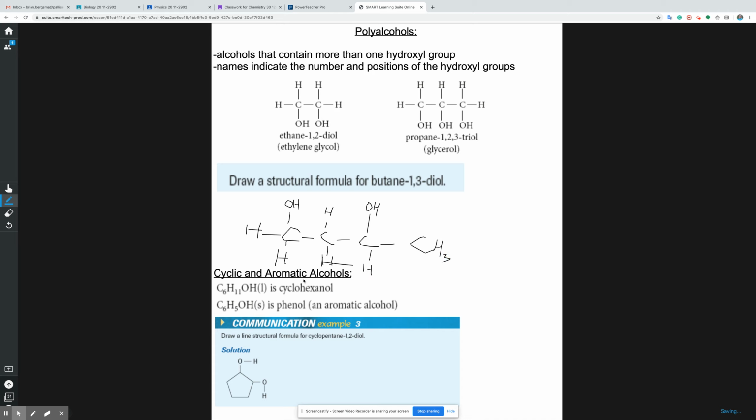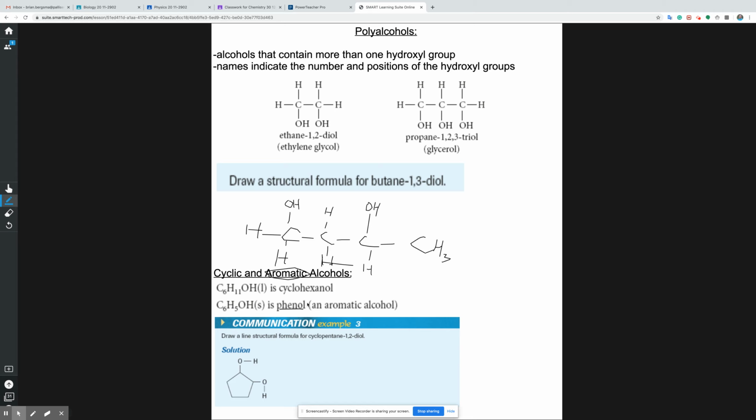Okay. For cyclic and aromatic alcohols, aromatic again has benzene. We draw our cyclic molecules. In this one, C6H11OH is cyclohexanol, because cyclohexane would be C6H12, but then we take out an H and add this OH. Phenol is again C6H5, from benzene; we take out one of the H's and add in the OH.